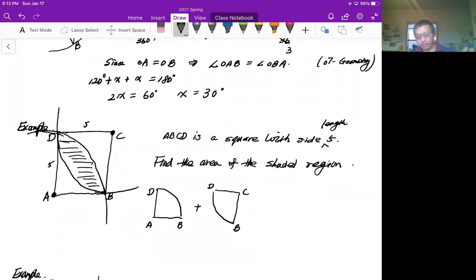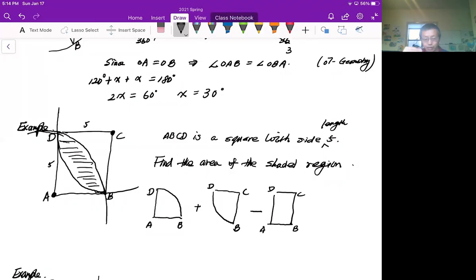But if I add them together, that's too much, right? And now I'm going to subtract the whole square. It looks like a rectangle, but it's actually a square. I'm sorry. So it's A, B, C, and D. Does it make sense? So the area of the shaded region is the area of two sectors, right?